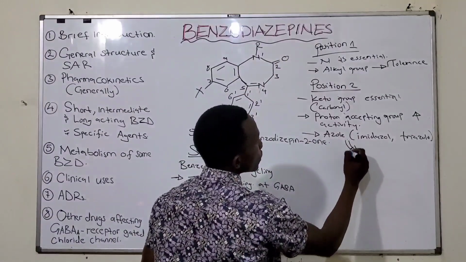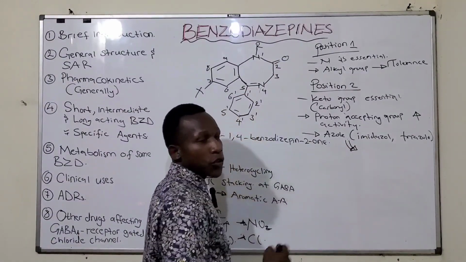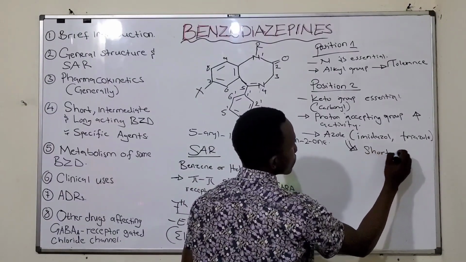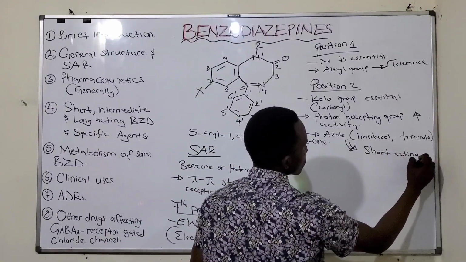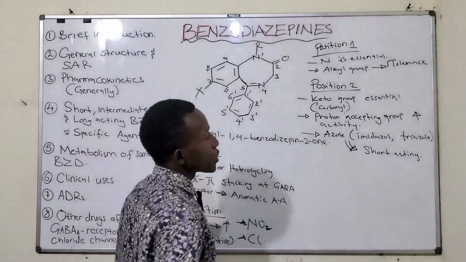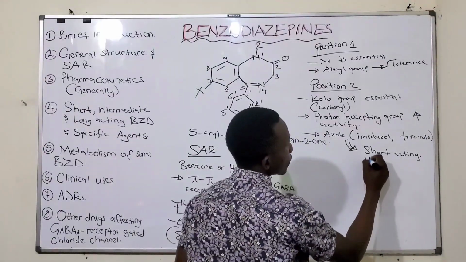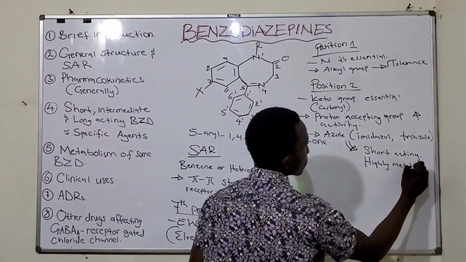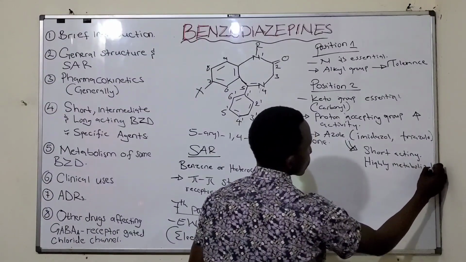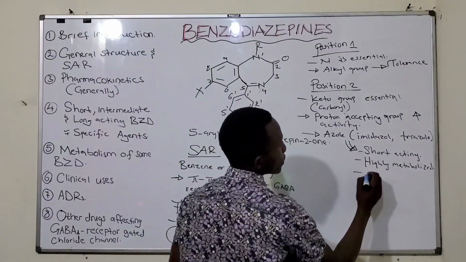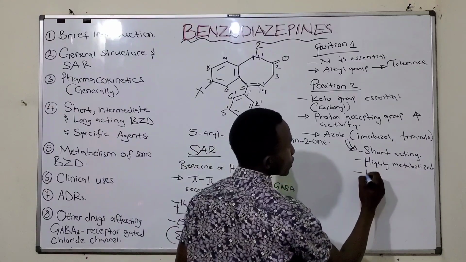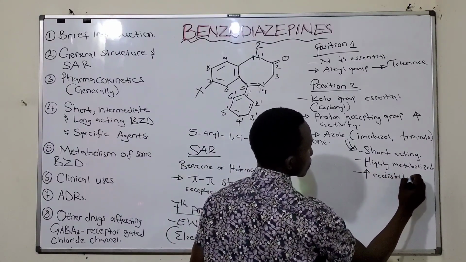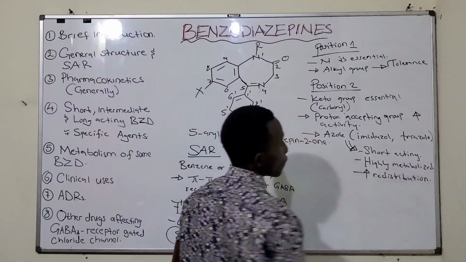This one increases the penetration of that drug, so that drug will be short acting. That drug will be short acting and highly metabolized. And there is high redistribution. It increases redistribution of that drug.